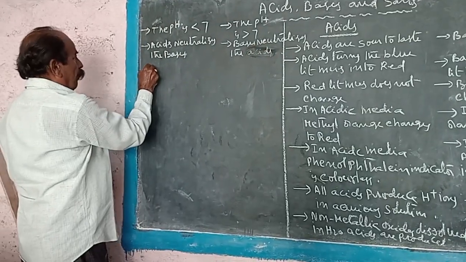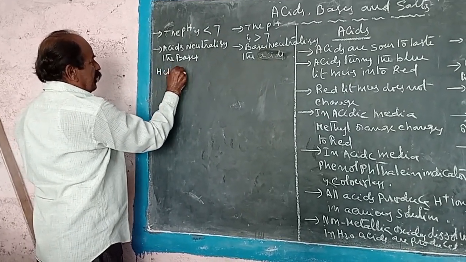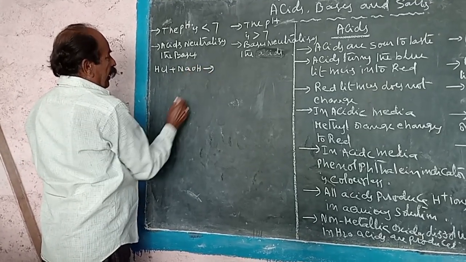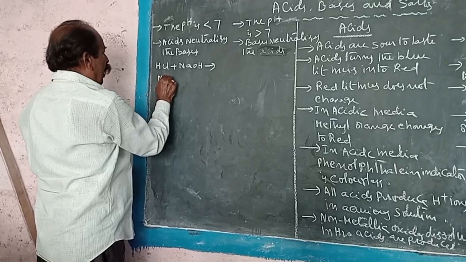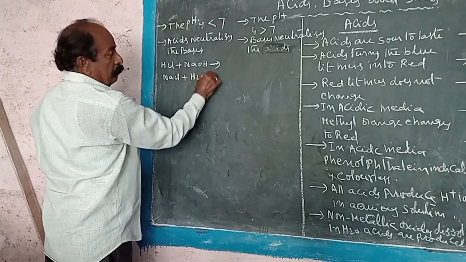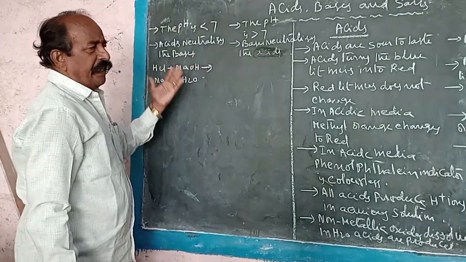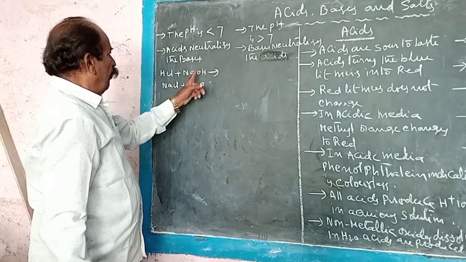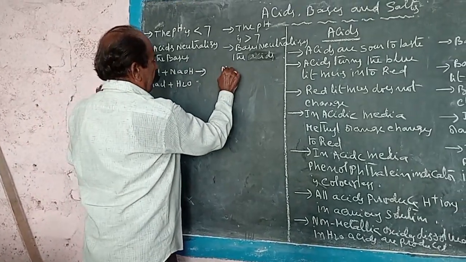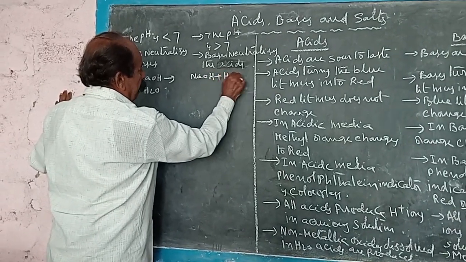Now a simple example. HCl reacts with the base NaOH. It gives rise to salt, a neutral compound, and water is formed. The same reaction we can write here also. Initially we take the base, sodium hydroxide. The base neutralizes the acid.